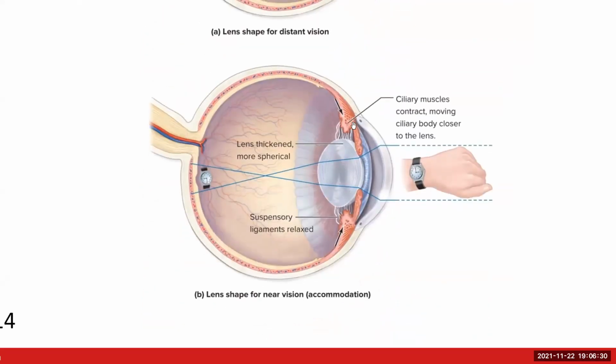But you'll notice the ciliary muscles have contracted, causing a slackening of the suspensory ligaments that allows the lens to become thicker. So whatever light is entering is going to be hitting the center of our lens so we can get a larger amount of refraction going on.